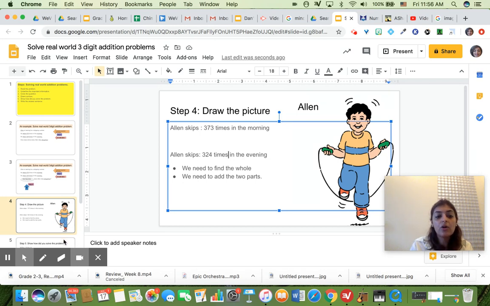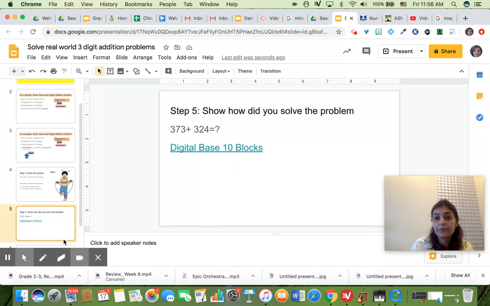So moving on to our step 5, which says, how did you solve the problem? We know when we have to bring the two parts together, we are supposed to add. So we need to find out when we add 373 plus 324, what will be the total sum? And we can use digital base 10 blocks to solve the problem.